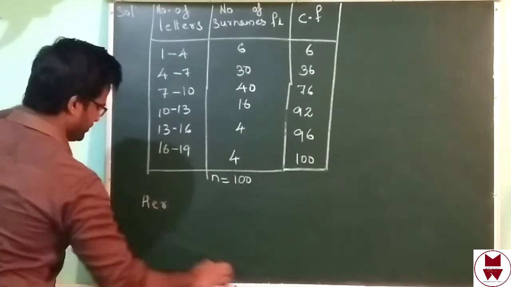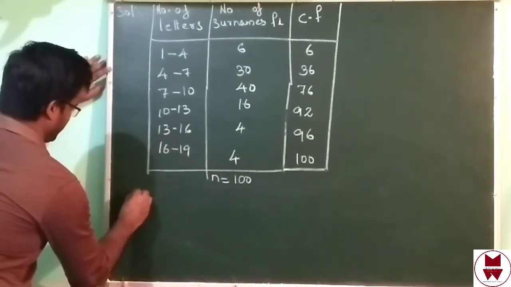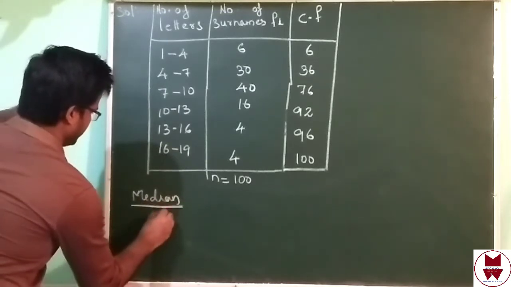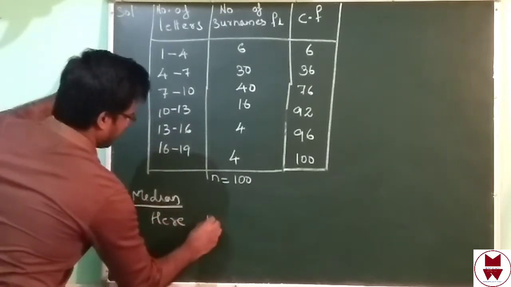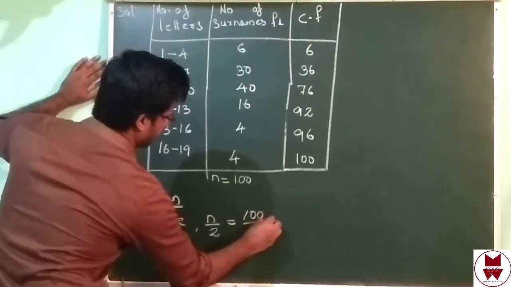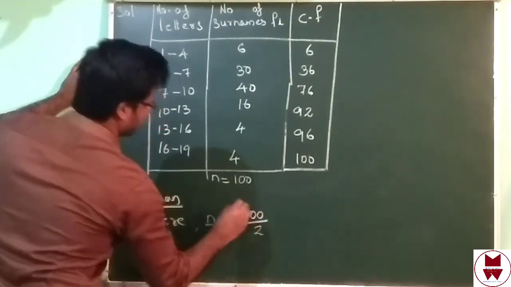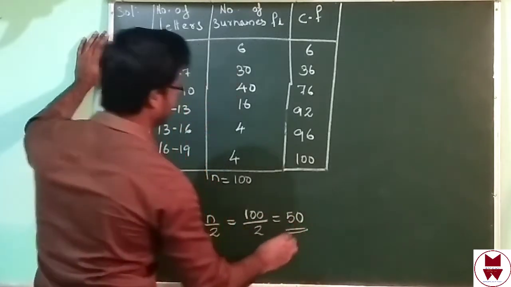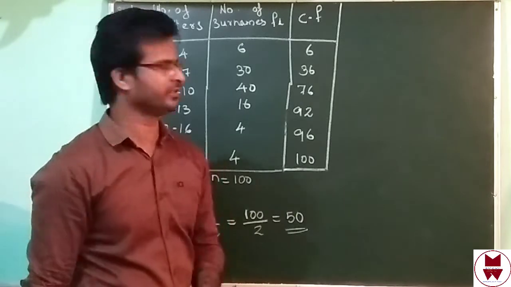Here, first median. Here, n by 2 equal to 100 divided by 2 equal to 50. N by 2 is 50. In cumulative frequency, where is 50?